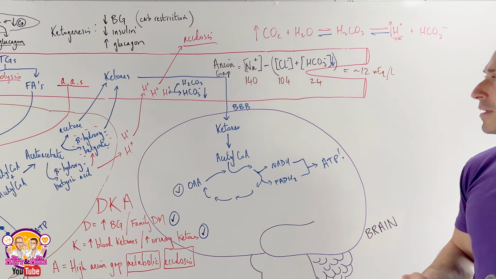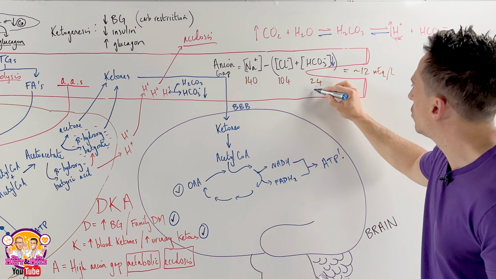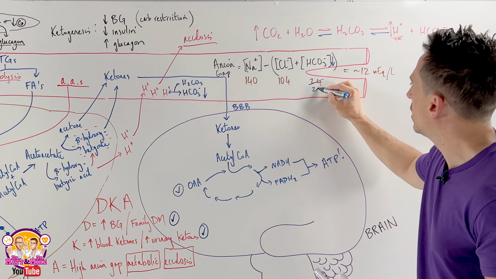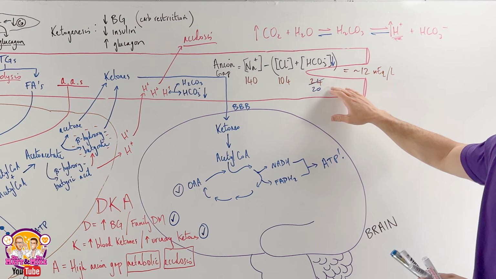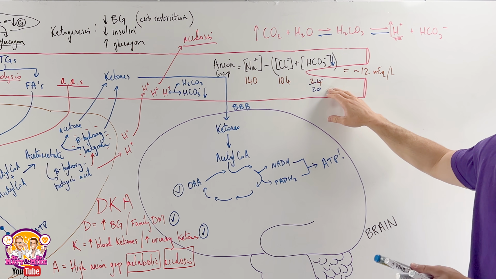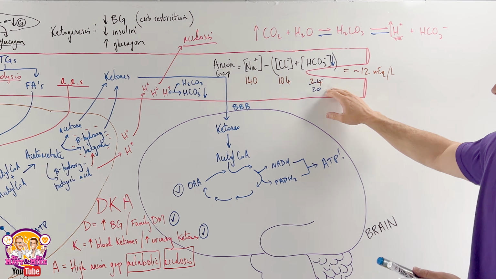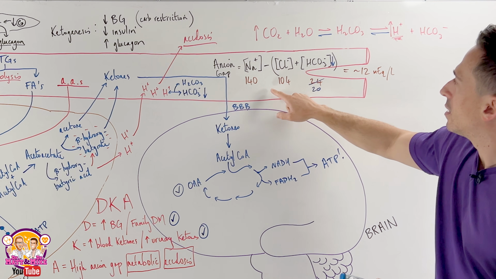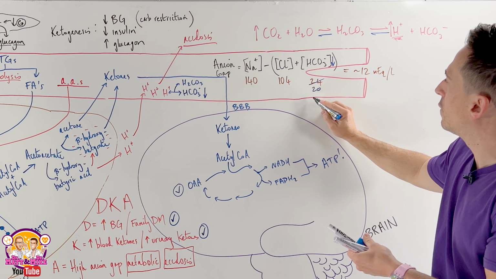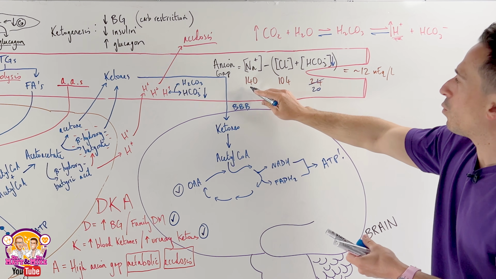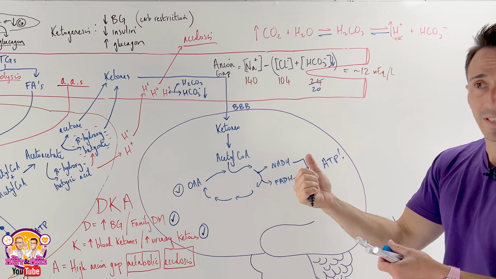Which means this number is going to go down. That makes sense. So let's now bring that down to 20 instead of 24. So if we bring that down, what do you think that then means? 140 minus 104 plus 20, so that's 124. 140 minus 124, that's 16.